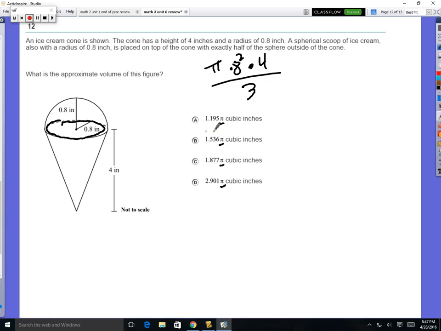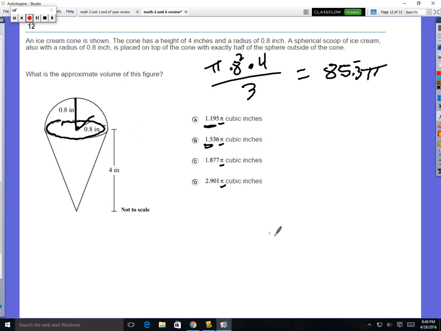Oh, but these are all decimals. Because if I do 64 times 4 divided by 3, that gives me a decimal. And that decimal is 85.33333 pi. Okay, now I'm going to find the volume of this sphere, and I'm going to cut it in half. And I know it's exactly half because here is a radius, and from the top of my ice cream cone here to the top of the sphere is a radius, so that's got to be exactly half.